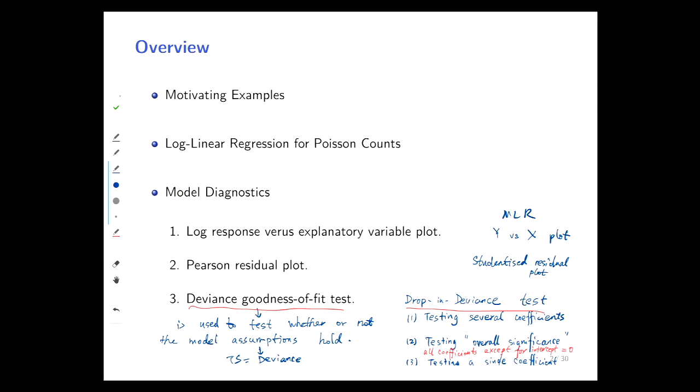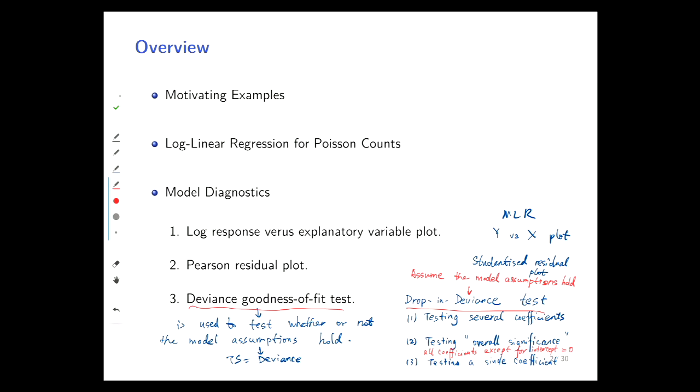And for the dropping deviance test, firstly, you need to know that we need to assume the model assumptions hold. If the model assumptions do not hold, we cannot use the dropping deviance test. So that's the first difference.